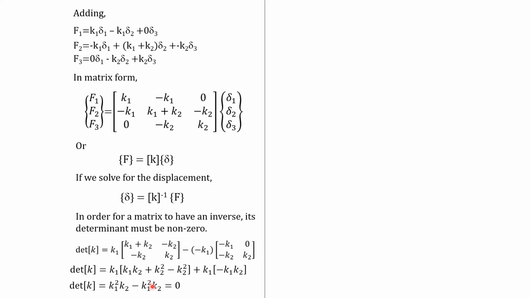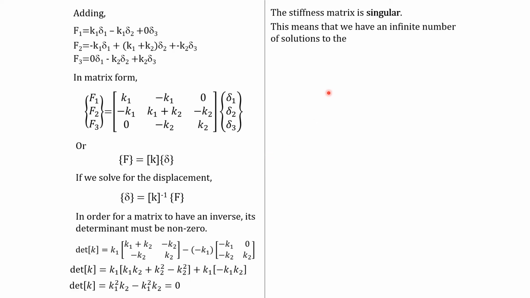In this case, the bars will move because there are no supports or restraints. So therefore, there will be an infinite number of solutions to this case. The stiffness matrix is called singular because the determinant is 0. So this means that we have an infinite number of solutions to the equation.